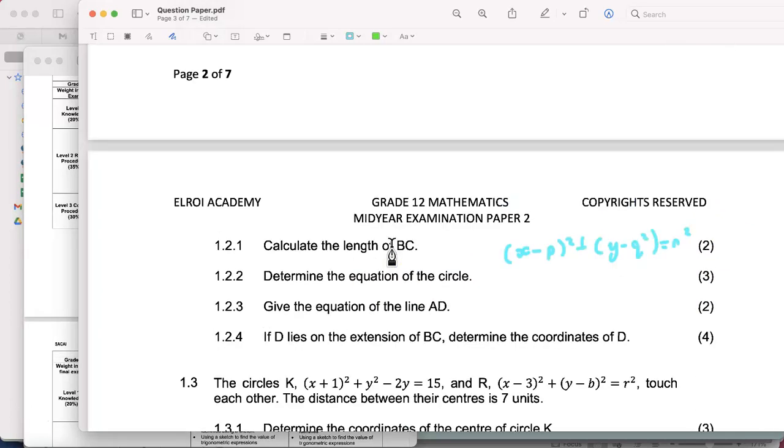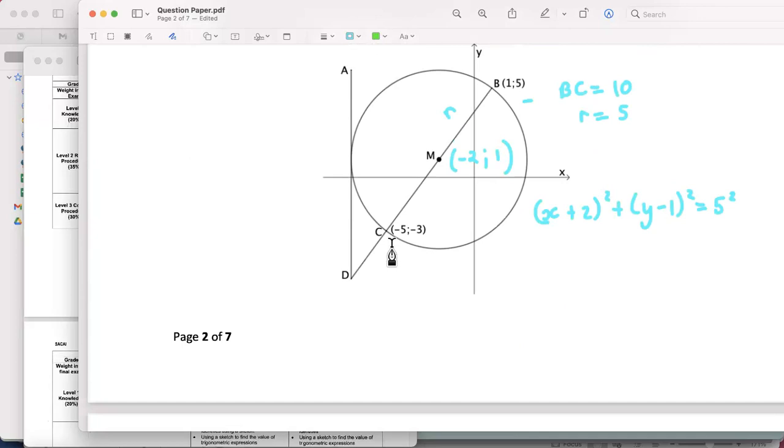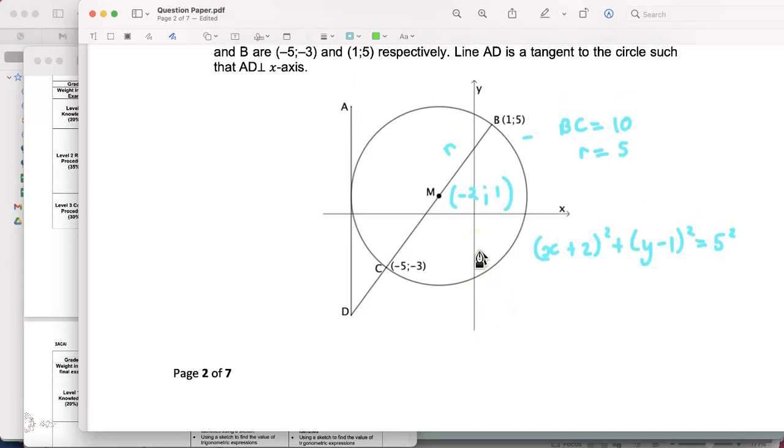Give the equation of line AD. This was crazy. People wrote pages and pages of information, but the equation of a line in general is y is equal to mx plus c, and m is just the gradient.